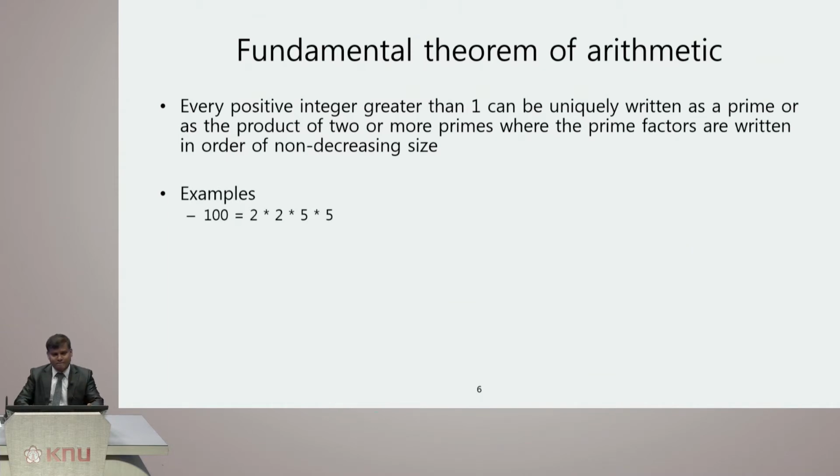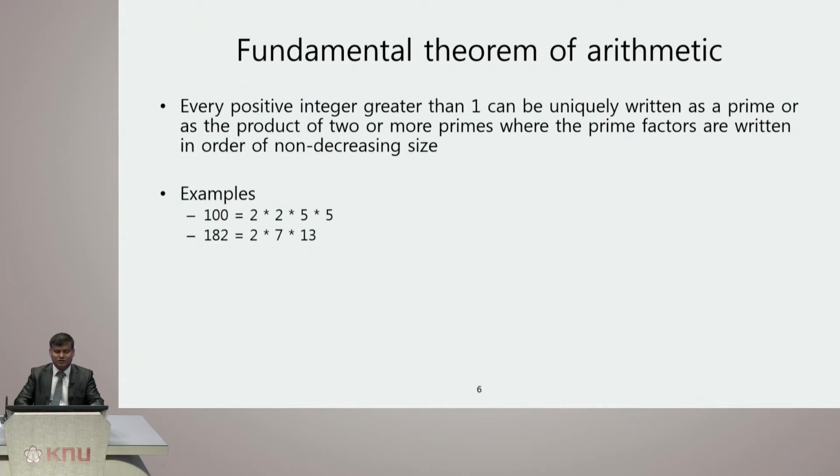We have a positive number greater than 1, that's 100. Now we are going to write this number as a product of two or more prime numbers: 100 equals 2 times 2 times 5 times 5.